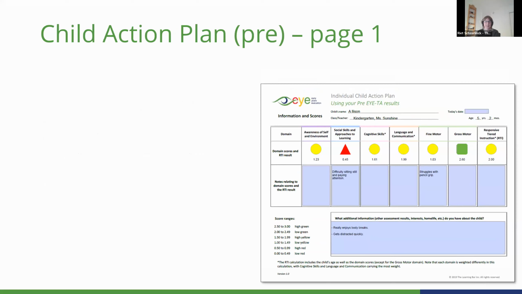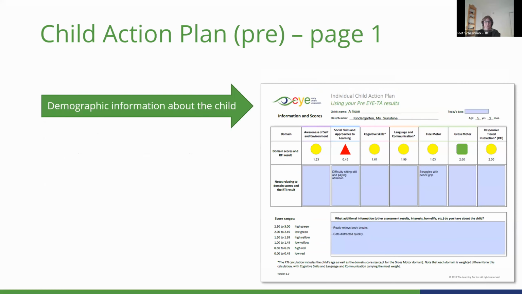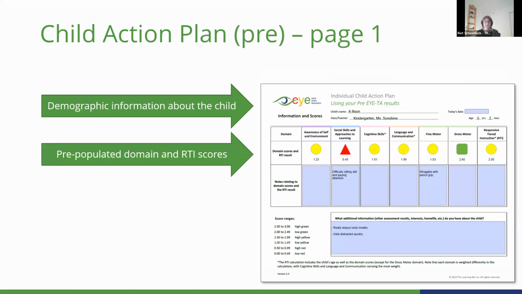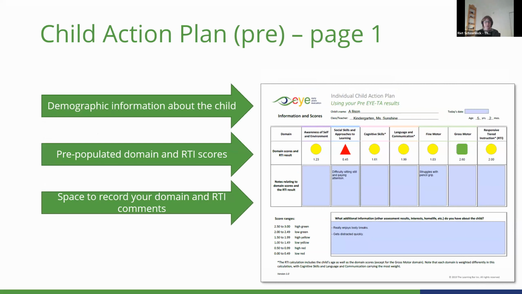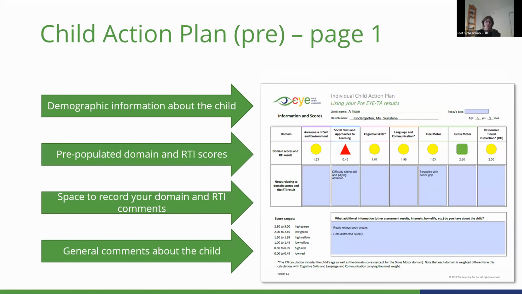At the top of the action plan on page 1, there is a section for the child's demographic information. Next, we have the pre-populated domain and RTI scores, along with a space to record domain and RTI comments. And at the bottom of the page, we have a large section to record general comments.